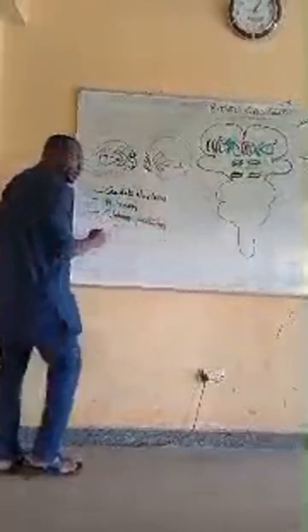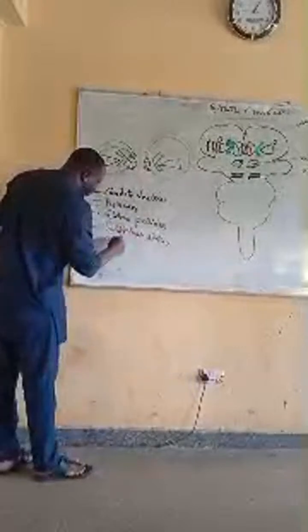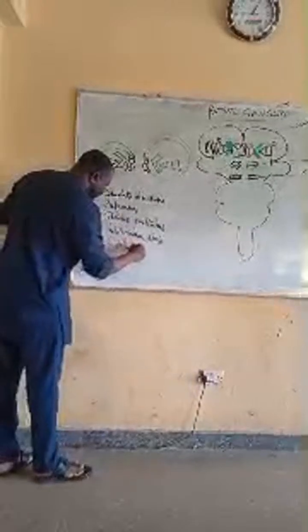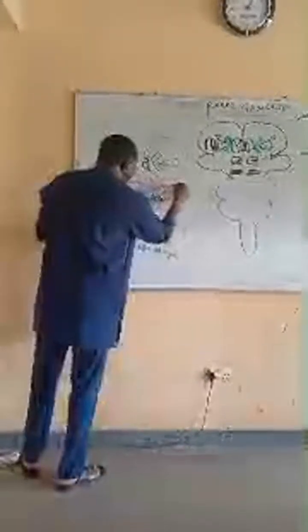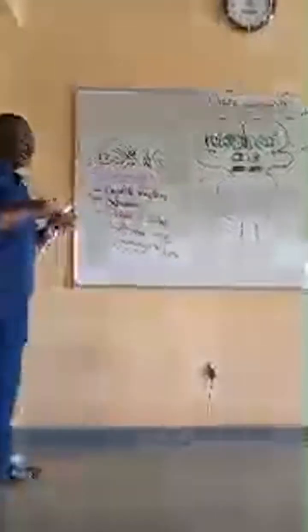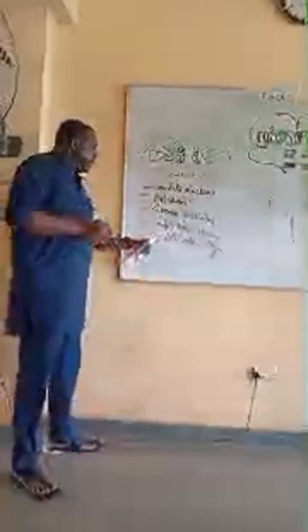We have the subthalamic nucleus, and the substantia nigra. Are you there? These are the components of the basal ganglia. It consists of the caudate nucleus, the putamen, the globus pallidus, the subthalamic nucleus, and the substantia nigra.